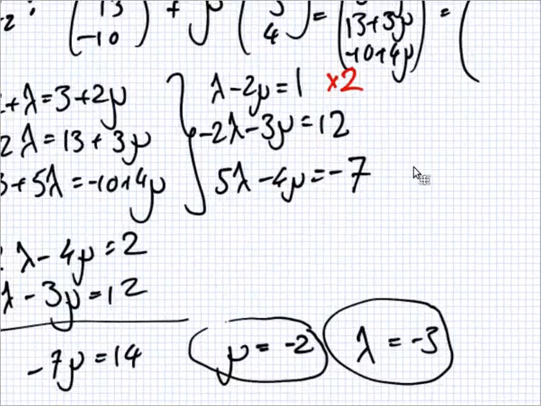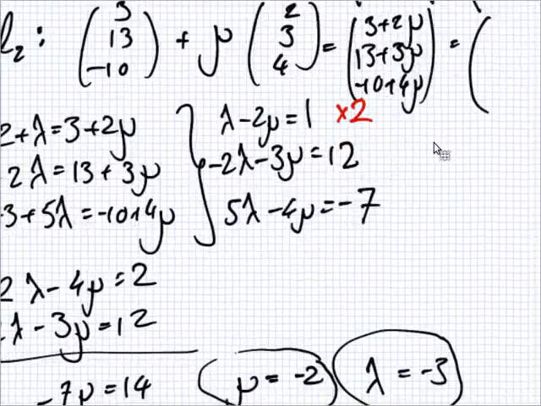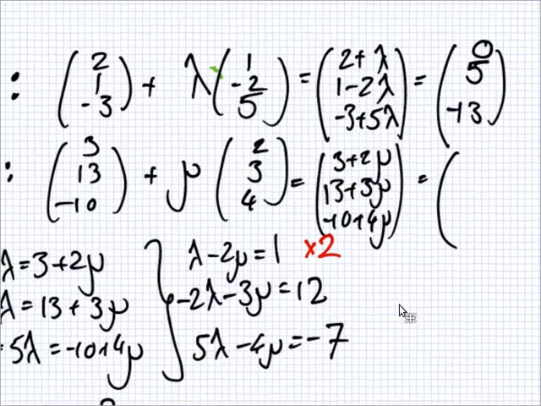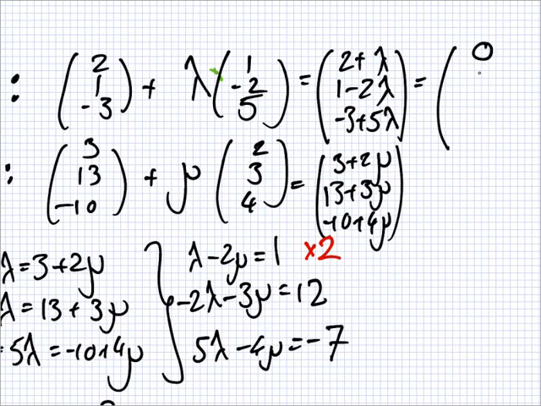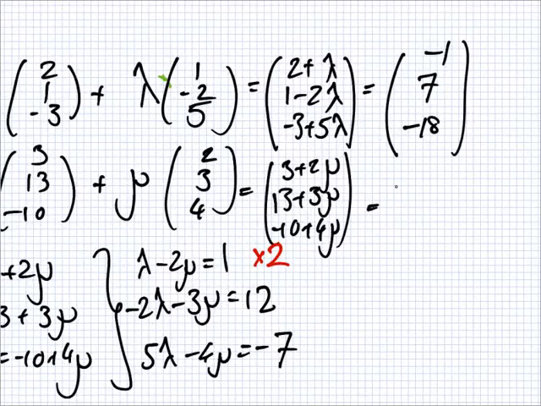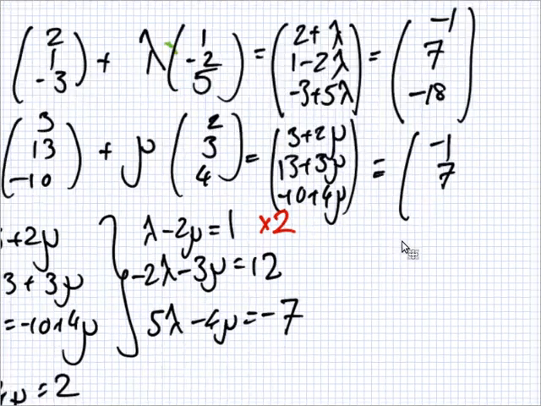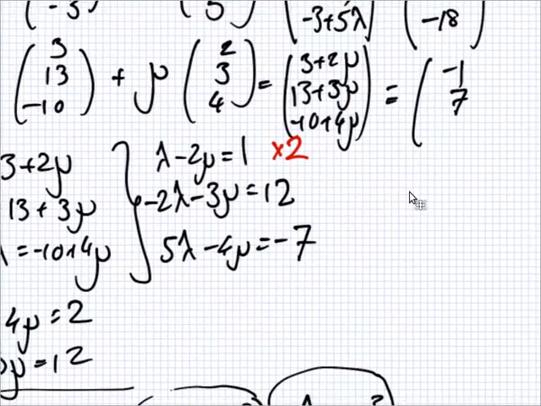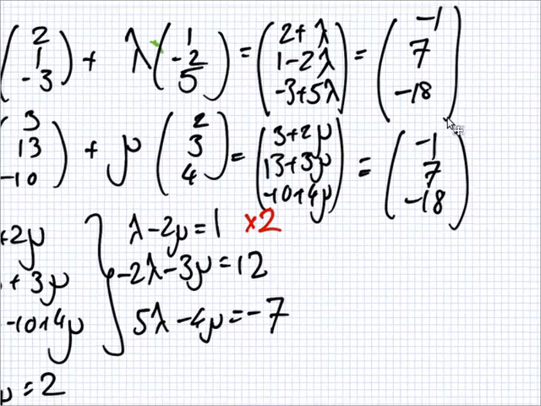Lambda is minus 3, sorry, I have it backwards. 2 minus 3, minus 1. 1 plus 6, 7. Minus 3, minus 15, minus 18. Okay, and mu is minus 2. 3 minus 4, minus 1. 13 minus 6, 7. And then minus 10, minus 8, minus 18. Perfect. So this is where they meet.